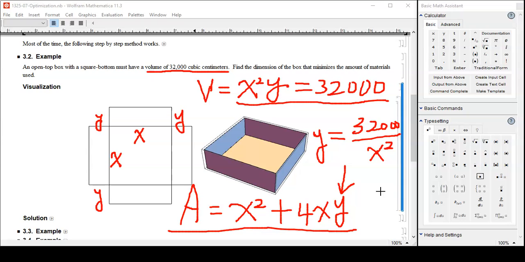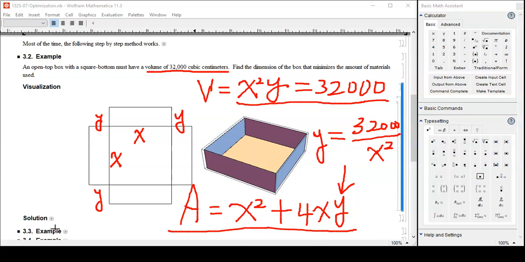Take the derivative, set it equal to 0, find that x value, and that's how you can do this optimization. So the constraint condition we got from geometry, and the objective function again from geometry. Solve for one variable and plug it into the other, and then I have a function of one variable to work with, so that I can take the derivative and set it equal to 0. That is the strategy. Okay, let's begin.